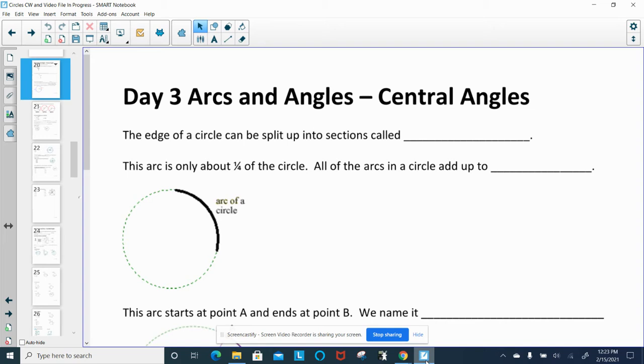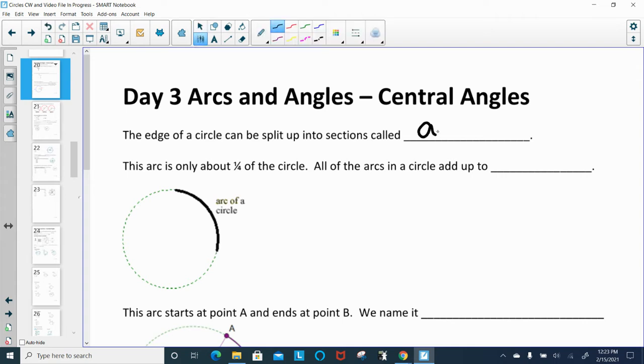angles. So the edge of a circle, the curvy part, this part that travels all the way around the boundary line of the circle, a piece of that circle is called an arc. And this one in particular is about 1/4 of the boundary line in a circle, but they can be various sizes.